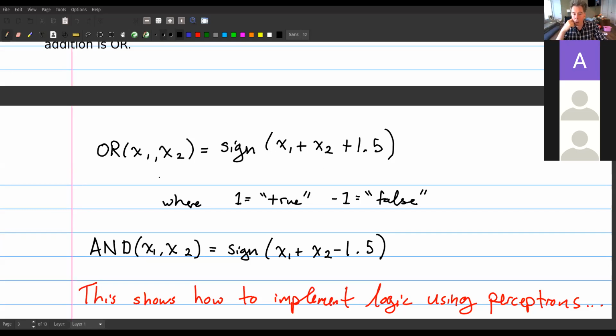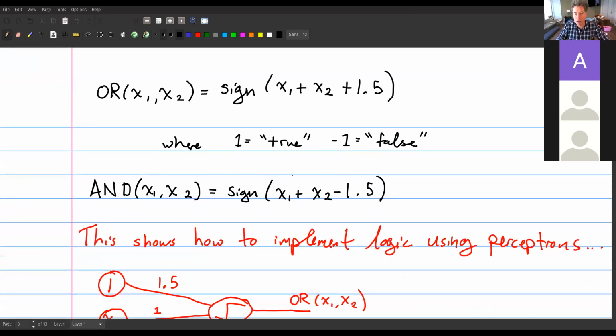The only way OR can fail is if they're both false. So that means x1 is negative 1 and x2 is negative 1. Then what do you take the sign of in that case? You get negative 2, and then 1.5. So that makes minus 1/2. So then that would make minus 1 come out.